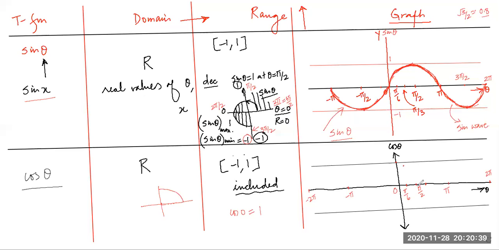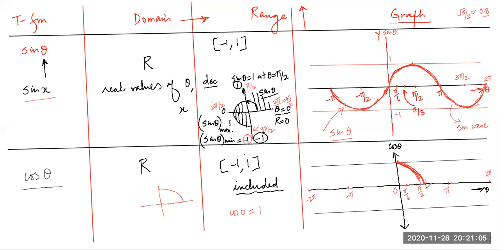Okay, and pi by 3 would be 0.5, so that will be here. So I just join the points, and when I join the points, I get a curve like this.